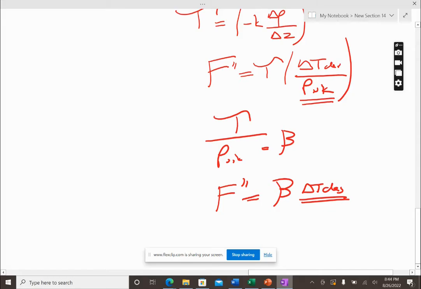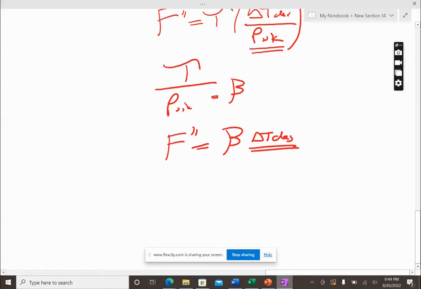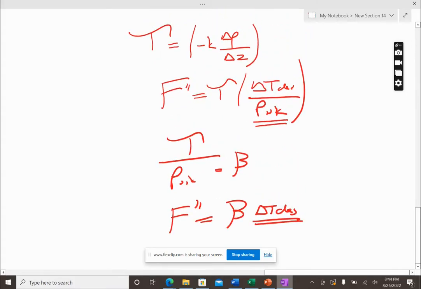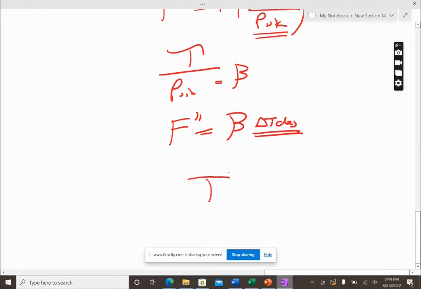If we want to design it so the slab is above 32, we can do so, or it could be 34, it could be 33. It depends on the ambient conditions. Now, solving for beta, we know the average proportion. We know what tau is equal to, and tau was equal to negative 2.2 watts per meter Kelvin times the proportion gradient, which was negative 0.68, the average, over meters.